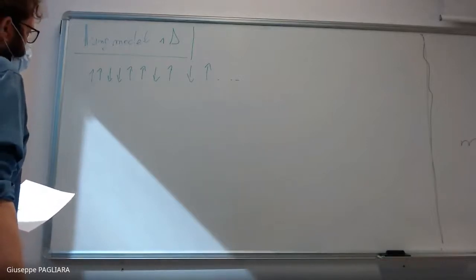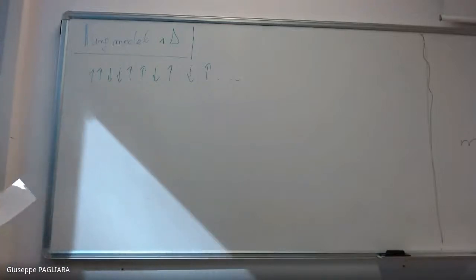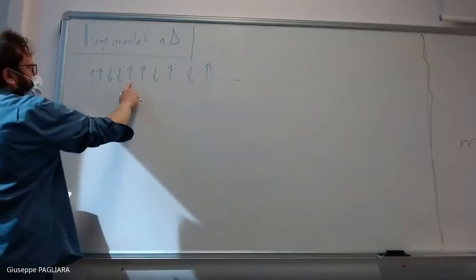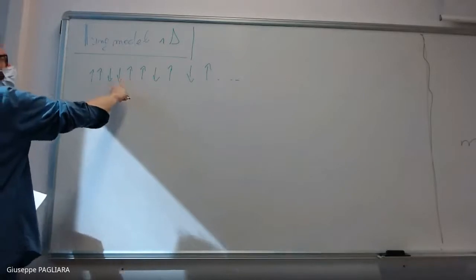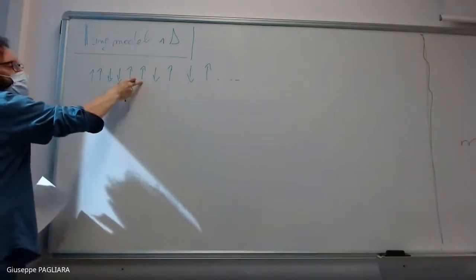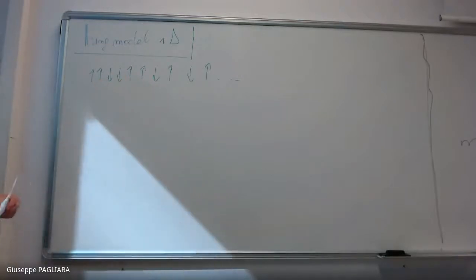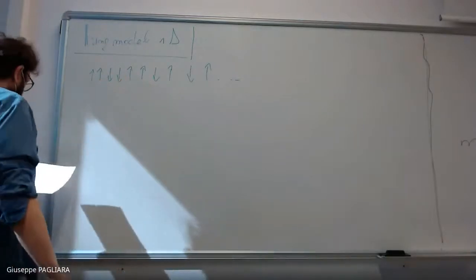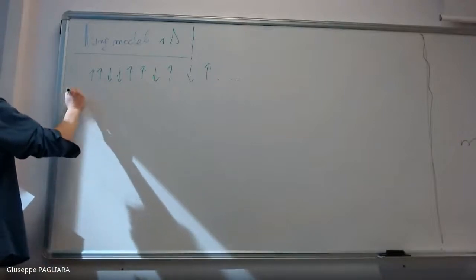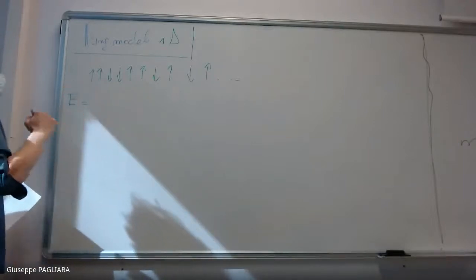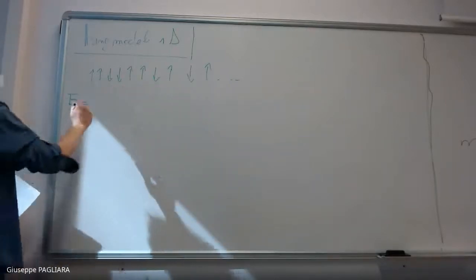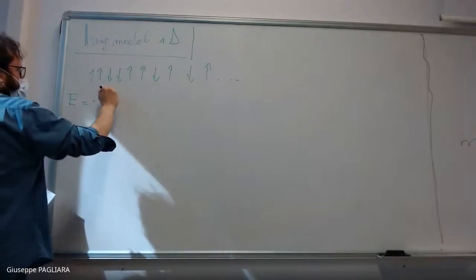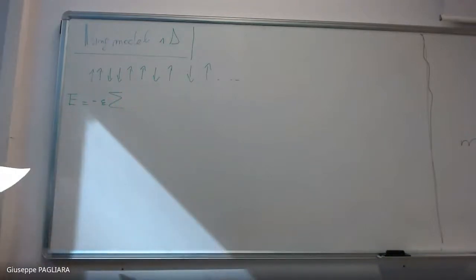Since this is a linear chain, in one dimension, we assume that each spin interacts with only two spins, which are the closest ones. So the starting point is to write the energy, or the Hamiltonian, of this linear chain. I'm going to write it first and then I will comment.